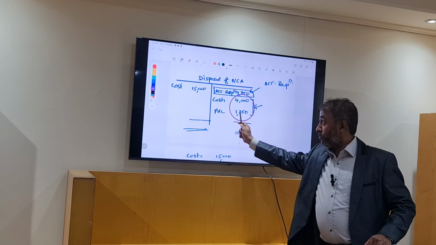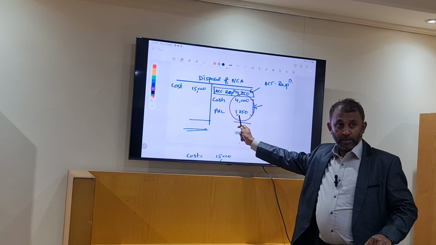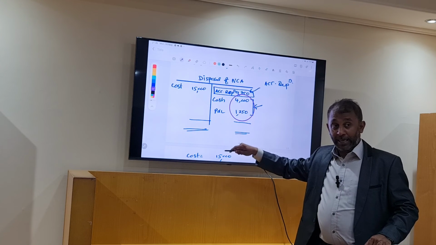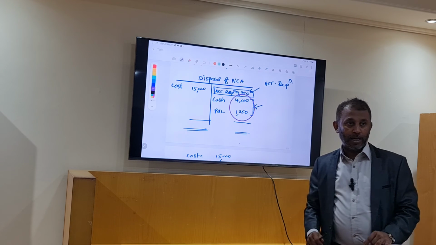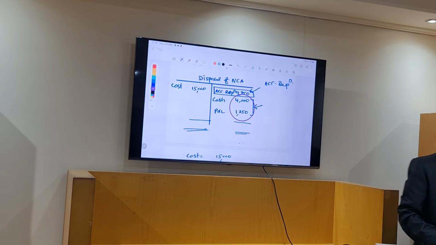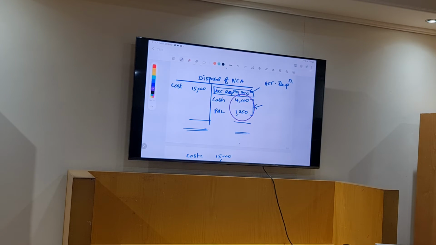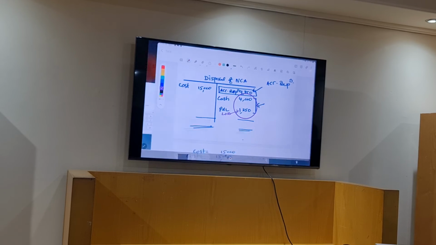Here, this is my loss. If this is a profit, you should subtract this one from this, so it will be 4,000 minus 1,250. Clear? Good. Let's continue to the next question.